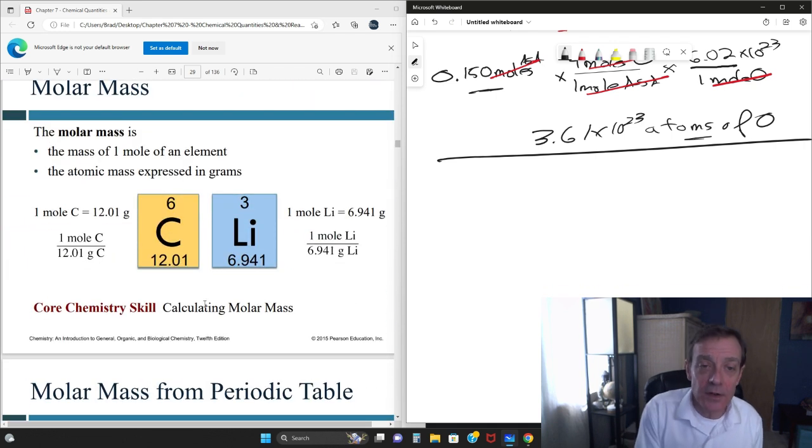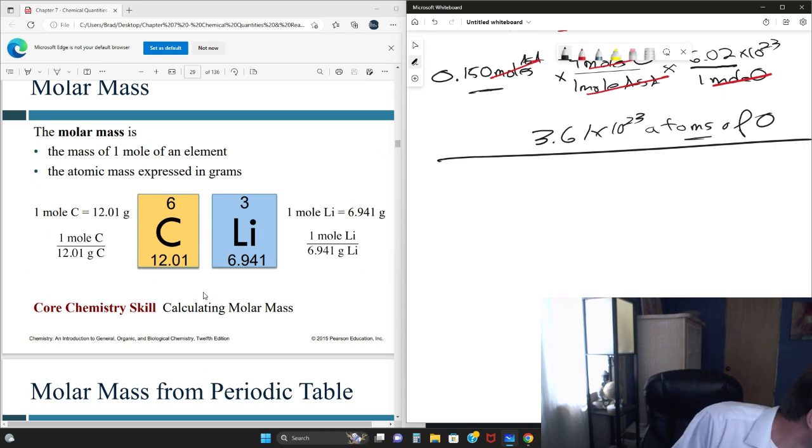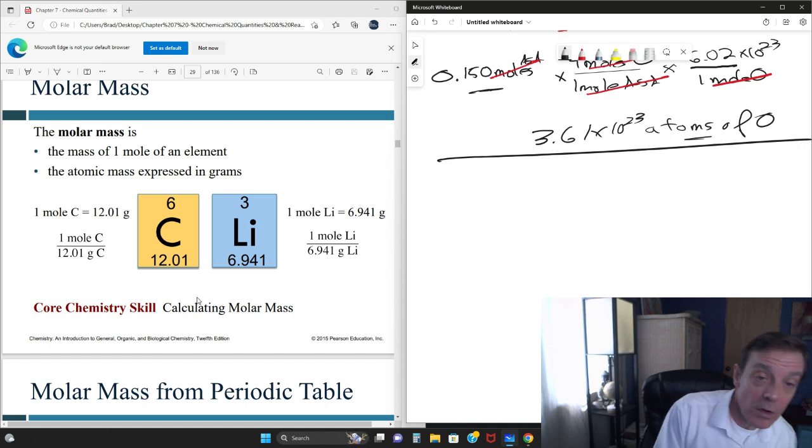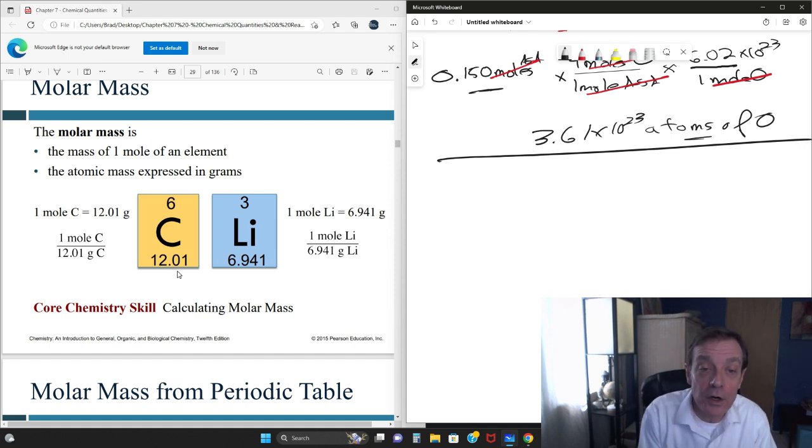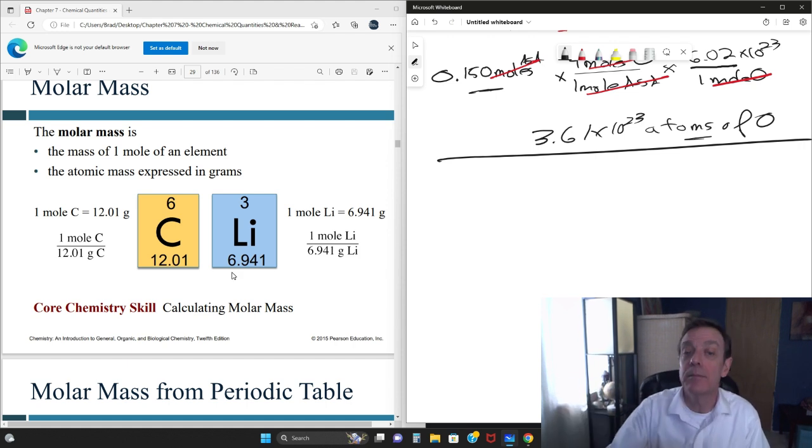And for instance, if you look at carbon, atomic number 6 on your periodic table, it has a molar mass of 12.01 grams per mole. Lithium has a molar mass of 6.941 grams per mole. That just expresses the amount of weight in grams that you have in a mole of those atoms.